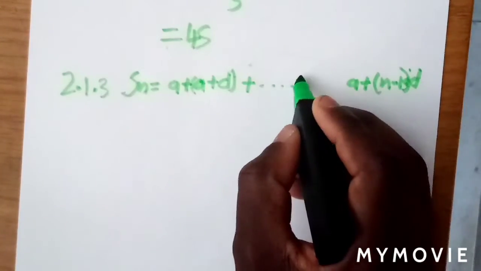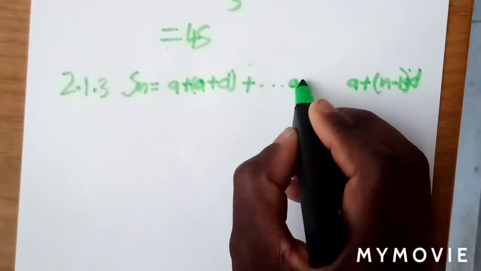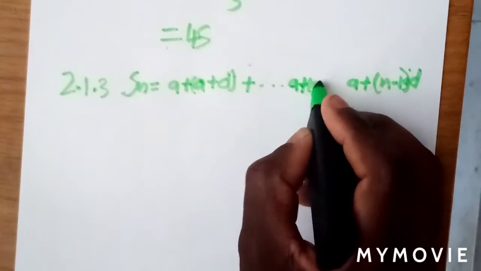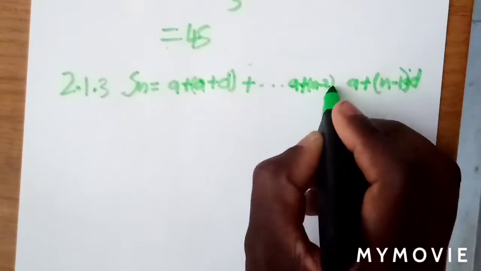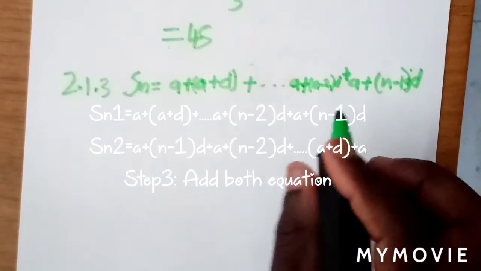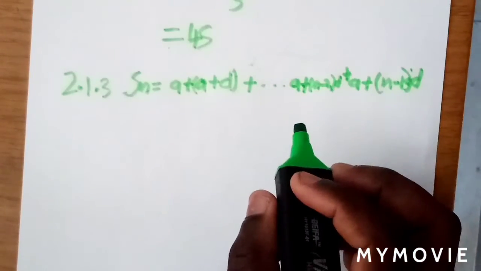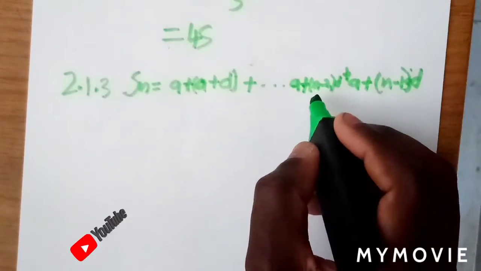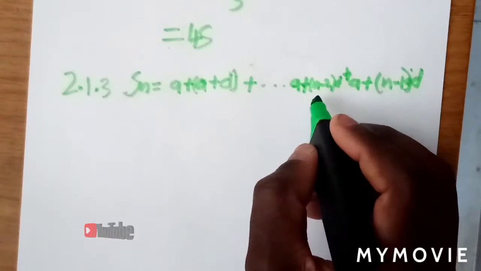This is n minus 2. I'm very sorry, it is not clear. Okay.